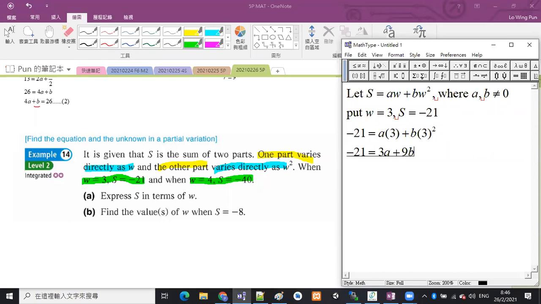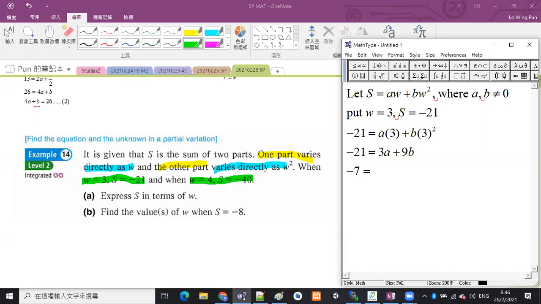When you have found common factors on both sides of the equation, you may cancel out the same common factor at the next step. For example, in this case, we have 3 as the common factor. So I can divide every term by 3. Okay, so negative 21 divided by 3 is negative 7.